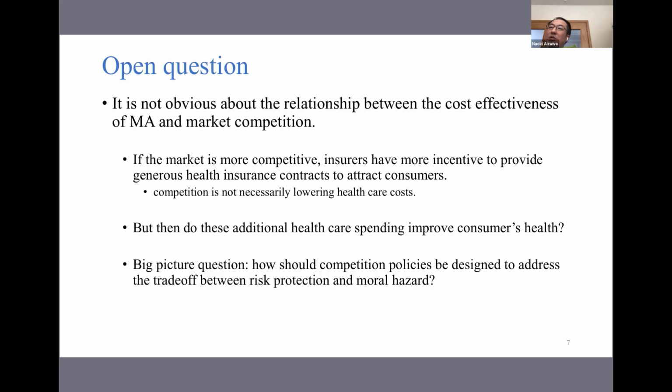If the market is more competitive, insurance companies have more incentive to provide a generous health insurance contract to attract consumers. So therefore, competition potentially increases healthcare costs. But those additional healthcare costs can be potentially useful for the consumer's health status. So the question that I think the literature is currently missing is how competition policies should be designed to address the trade-off between risk protection and moral hazard.